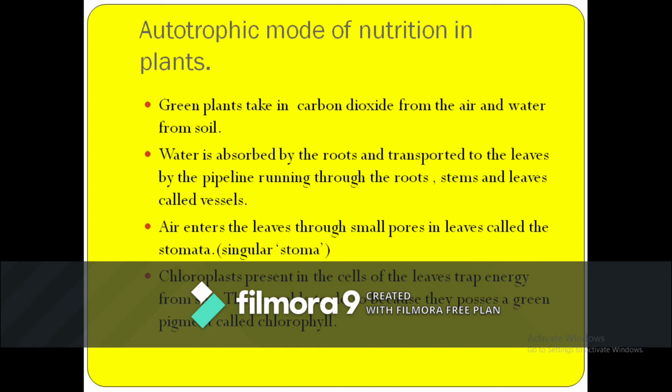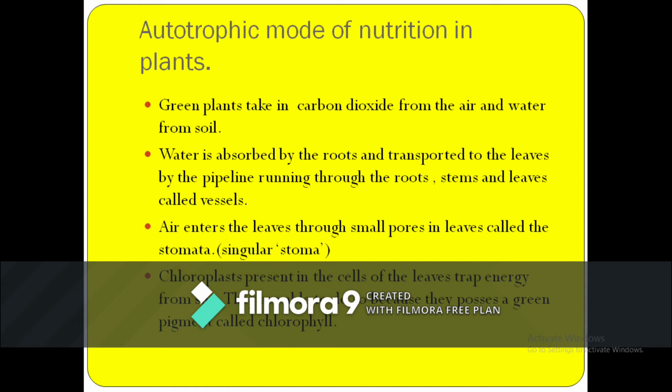Chloroplasts. Leaves have cells in which they have a paste known as chloroplasts that help in trapping energy from the sun, that is the sunlight. They are only able to do so because of the availability of a green pigment called chlorophyll.